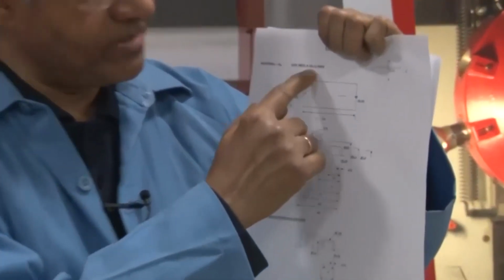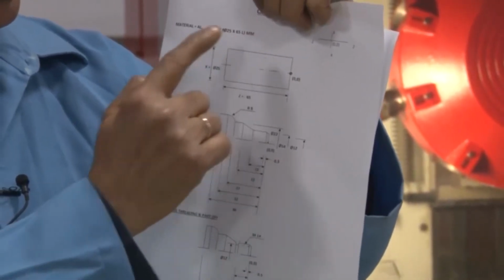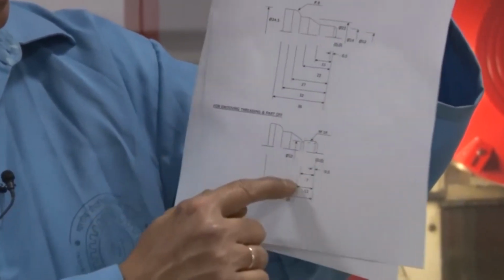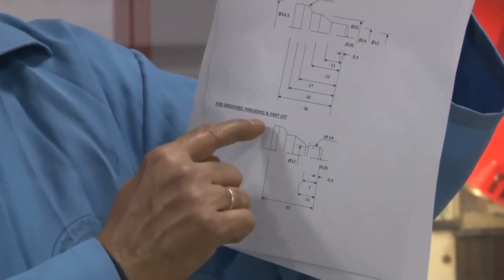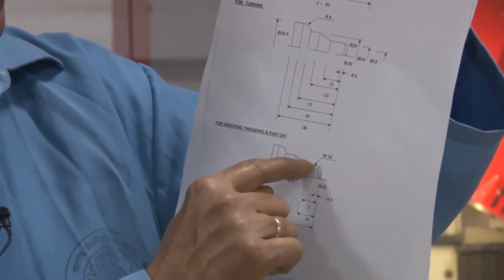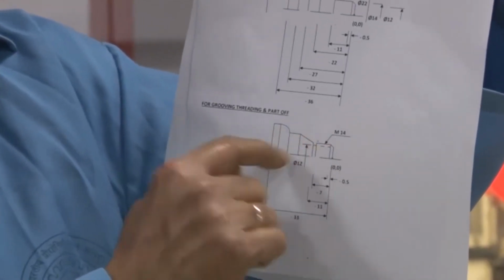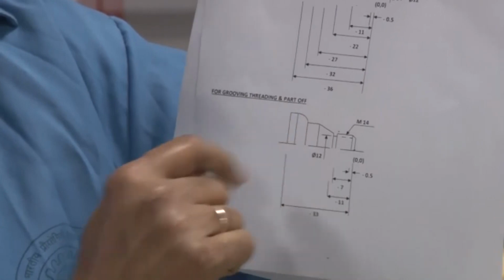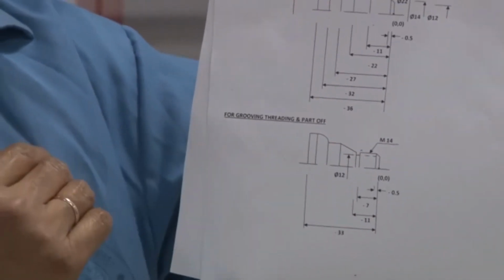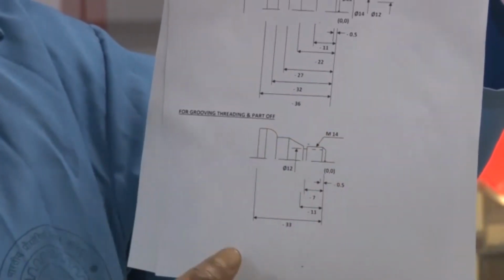We are going to make out of the blank a part like this, where we have the flat surfaces, the tapered surfaces, the thread, the chamfer, the groove, and the semicircular or radius on the particular side.